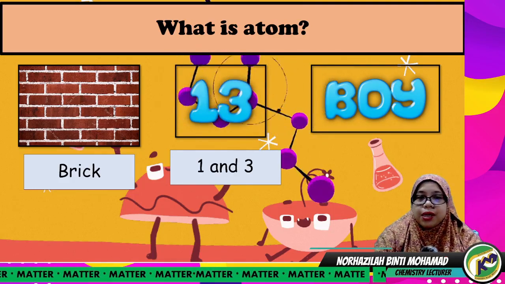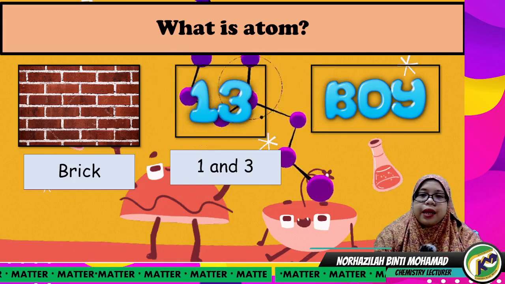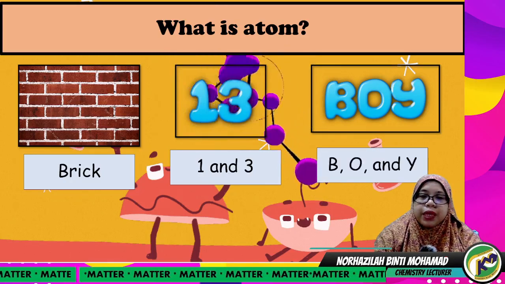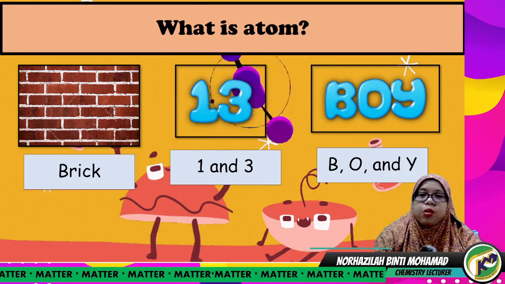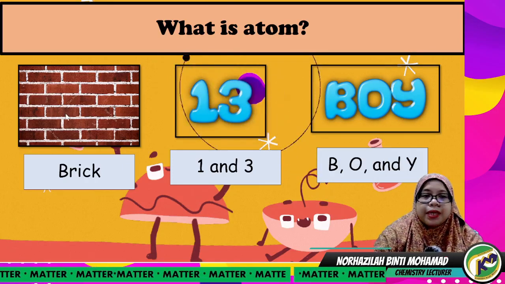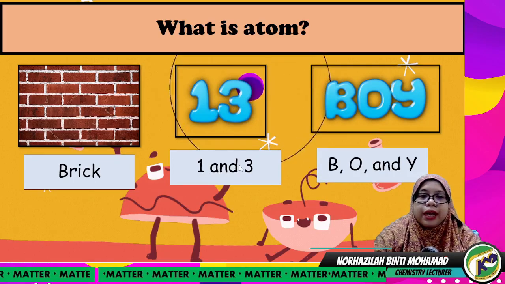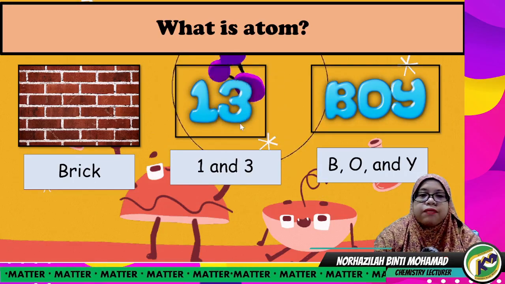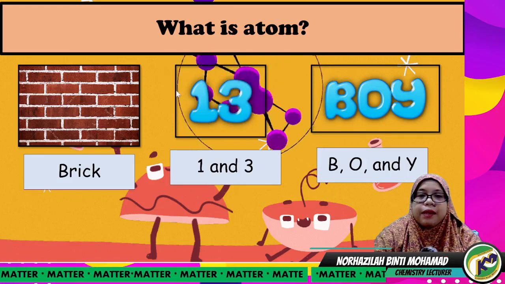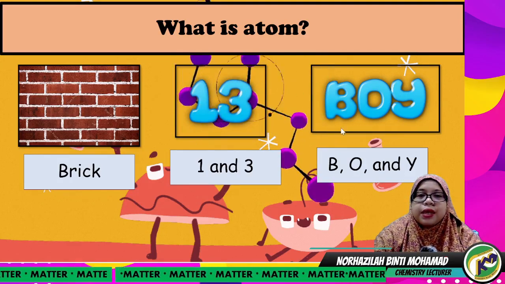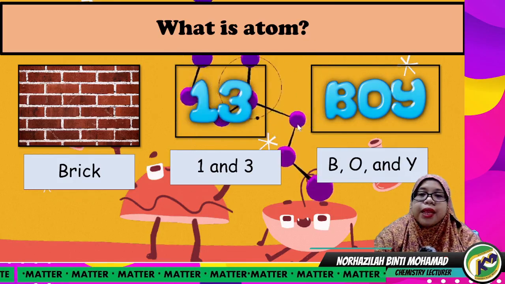And then the word boy. To make up the word boy, we need B, O and Y. So the brick is the atom of the wall, 1 and 3 are the atoms of the number 13, and B, O and Y are the atoms of the word boy.